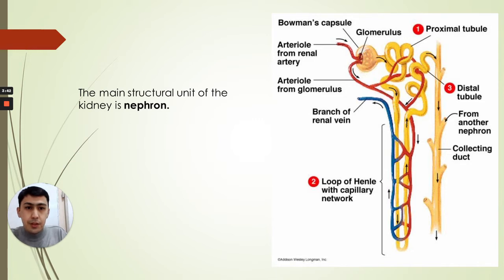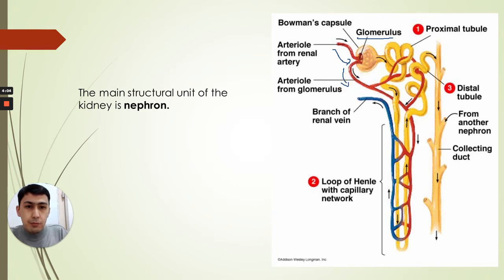Look here, we have an arteriole that comes inside the nephron, and then we have the glomerulus, which is blood capillaries. Then we have another arteriole that goes outside of the glomerulus.